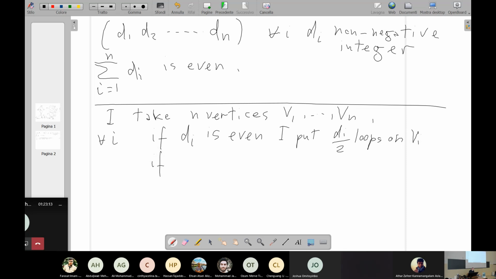If di is odd, I put di minus 1 divided by 2 loops on vi.